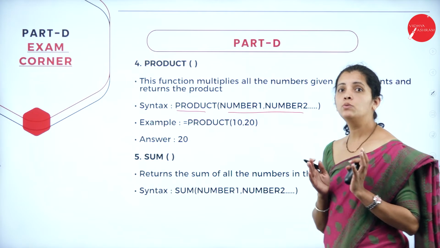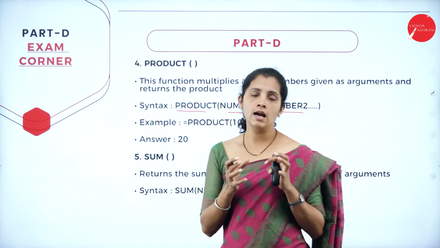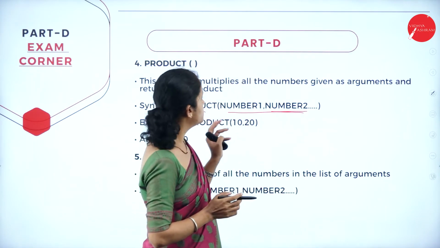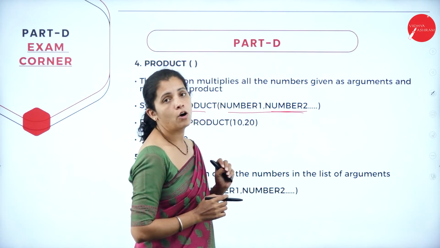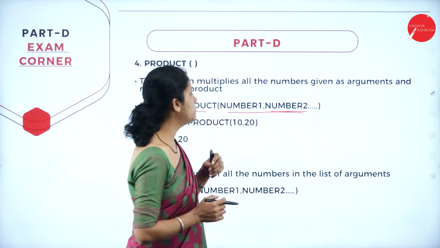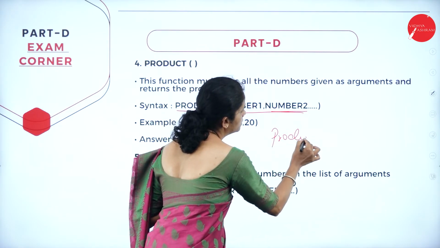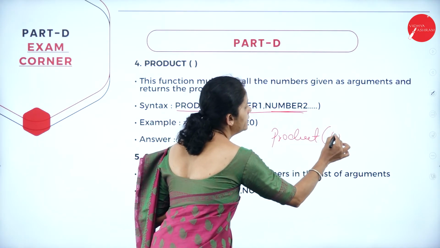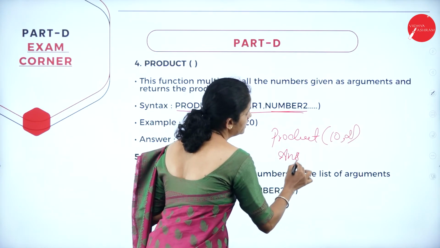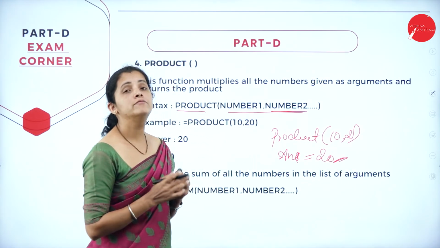Now, dear student, what is the syntax for product? That is product, and I want to specify the number or number range. That means I can multiply n numbers. So here I have given product of 10, 2. So what is the answer I'm going to get? It is 20. Now I'm going to have sum.